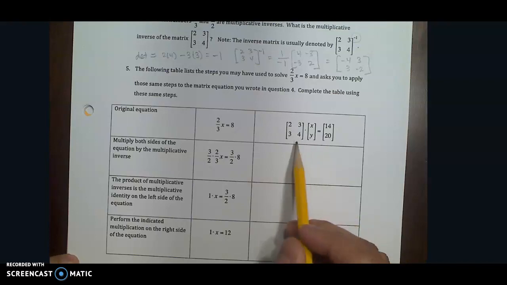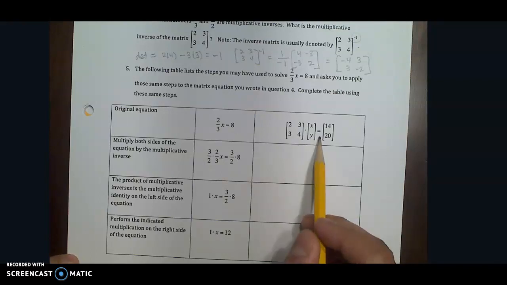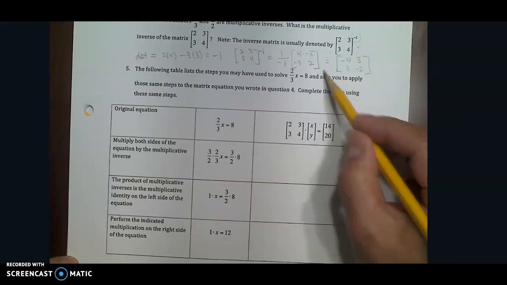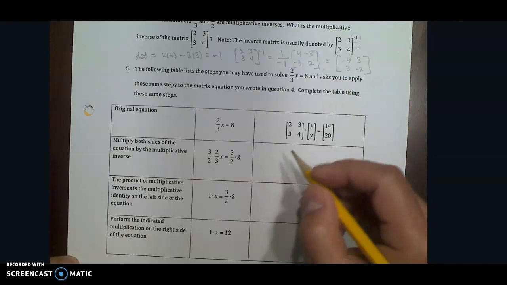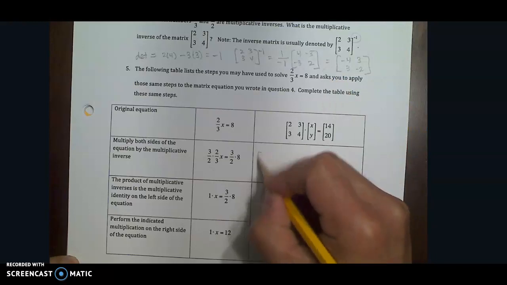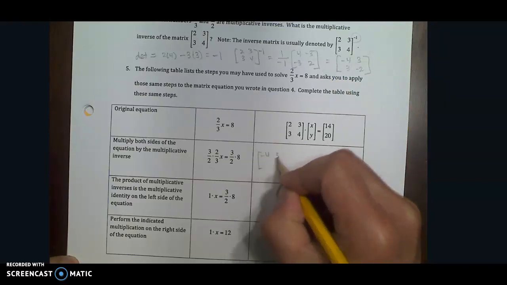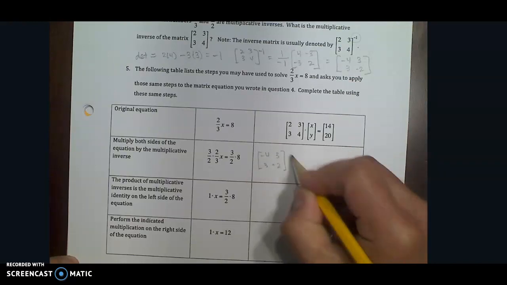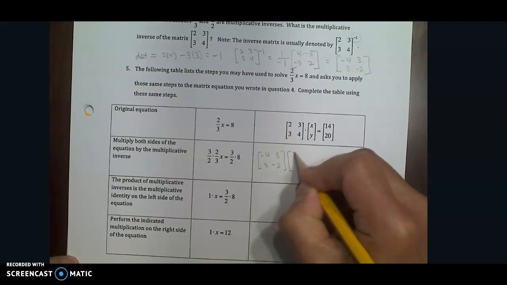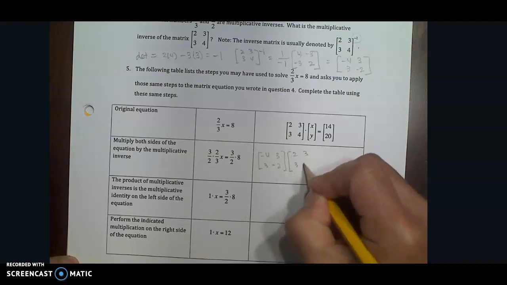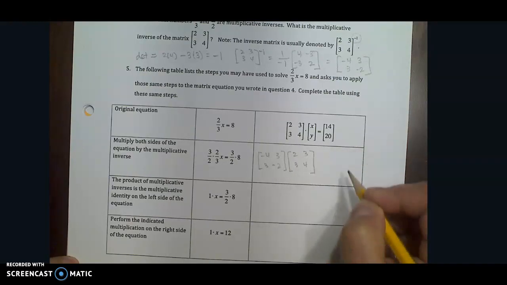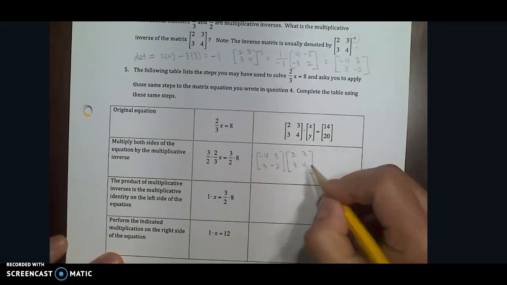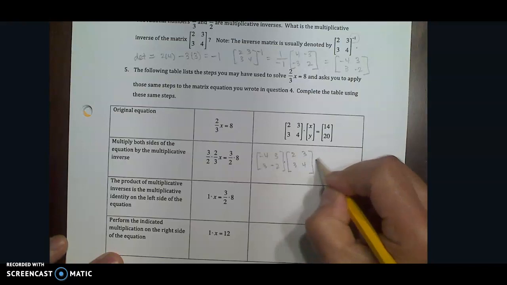We're going to take this matrix equation and multiply both sides by this inverse that we just found up here. I'm going to put that inverse to the left, because we know matrix multiplication is not commutative, so we have to do it in a certain order.